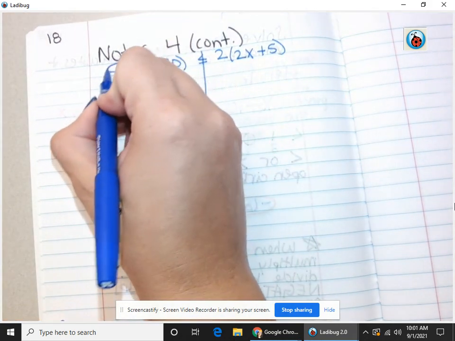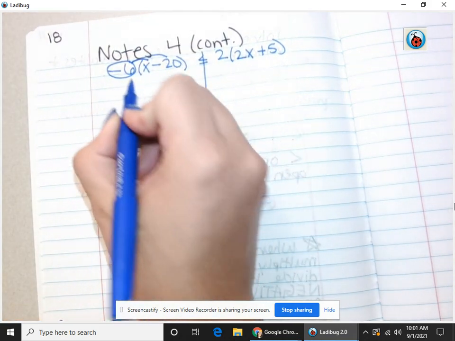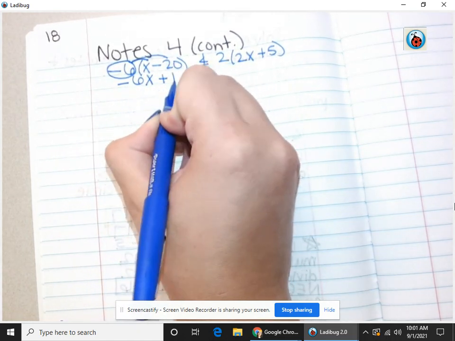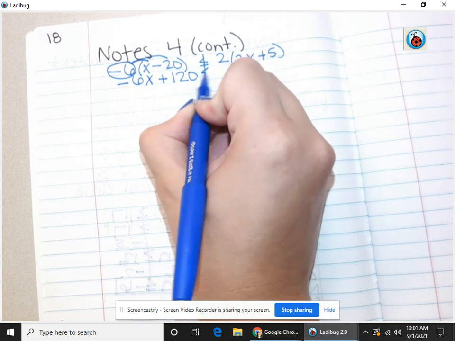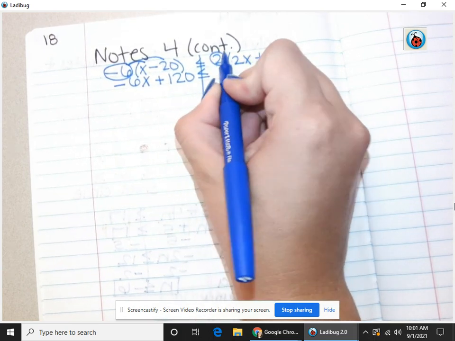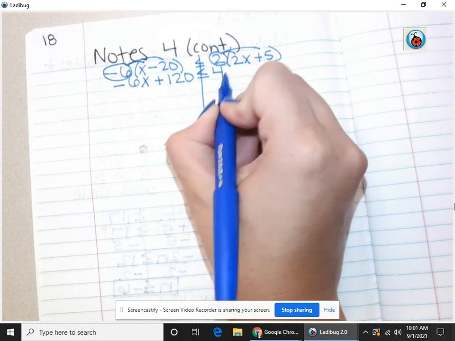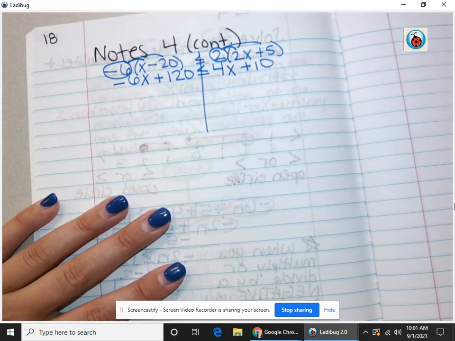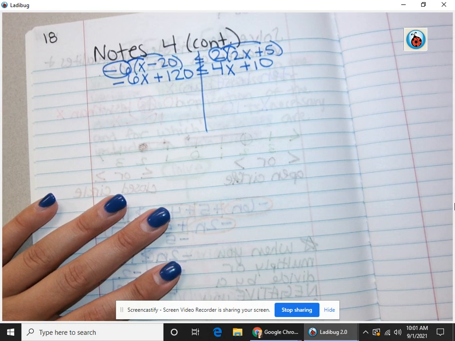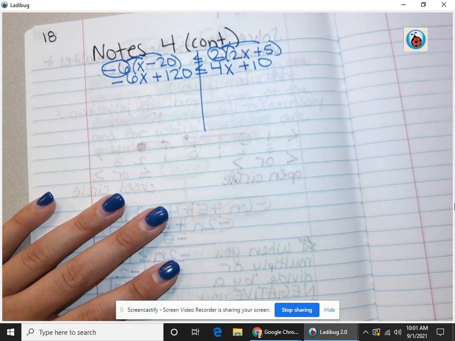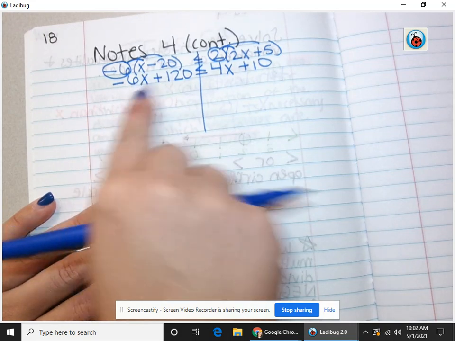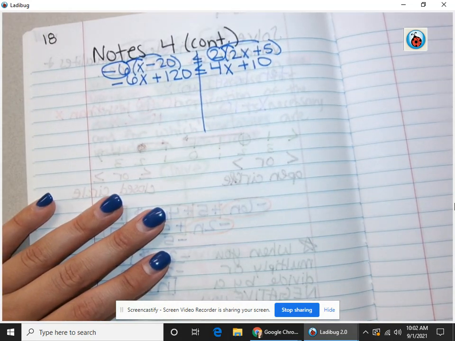I'm going to distribute, multiply. So I get negative 6x plus 120 is less than or equal to, but I've got to distribute on both sides, 4x plus 10. So what do I need to do now? Combine like terms. All of my like terms are combined on my left and on my right. So now what do I do? Take away a variable from one side.